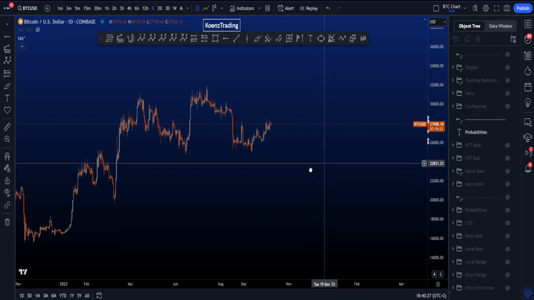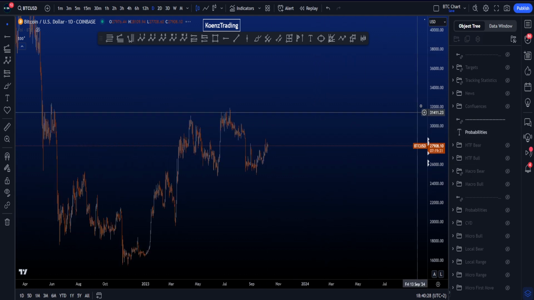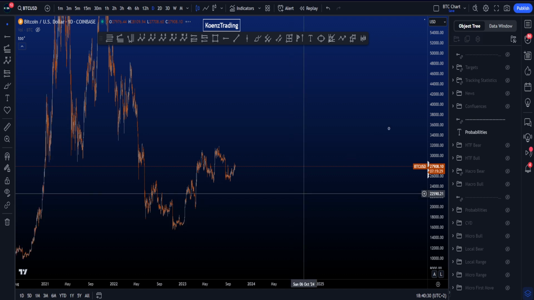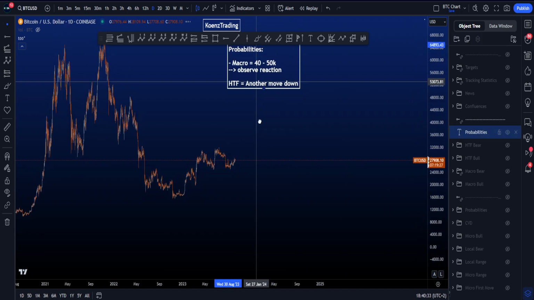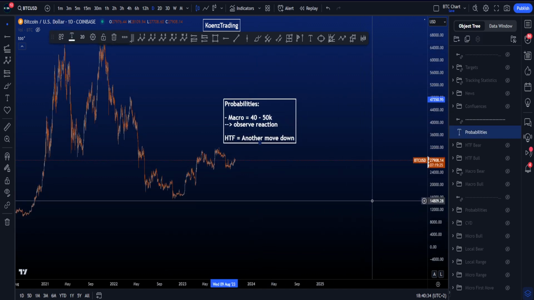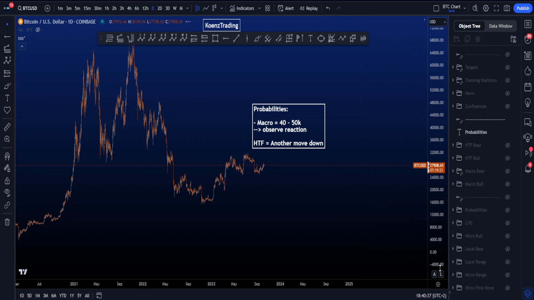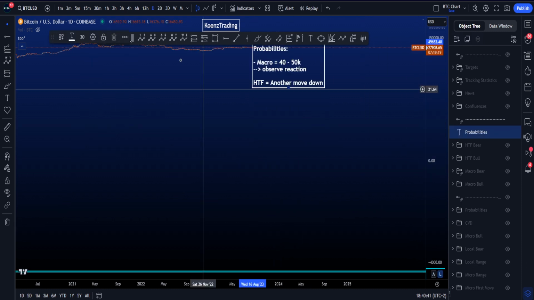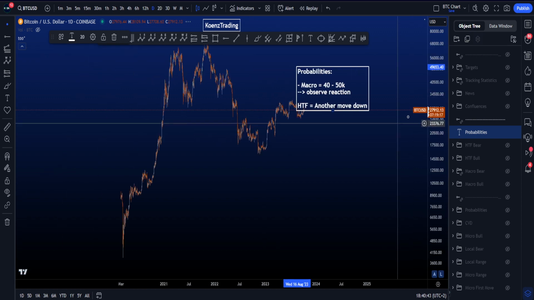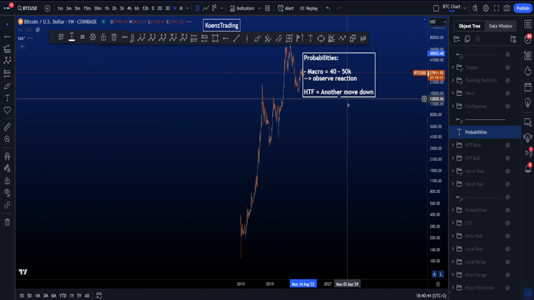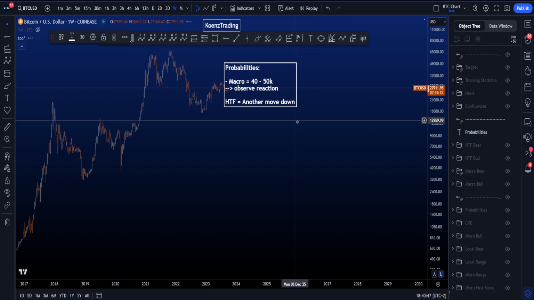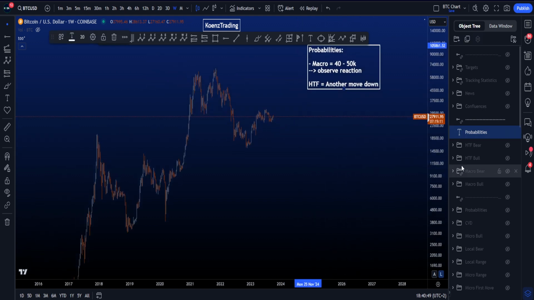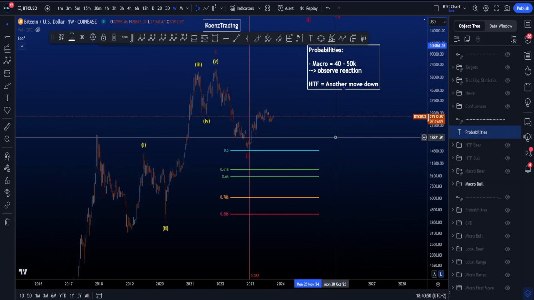And if we then look at the probabilities of the different scenarios, then I have to find my box. There it is. So from the different scenarios, if we go to the macro scenarios, then at the moment the probabilities are higher in both cases to look for a move towards the upside. Because if I just compare the two scenarios again on the chart, both of the macro scenarios, both bearish and bullish, we are expecting higher prices still to come.